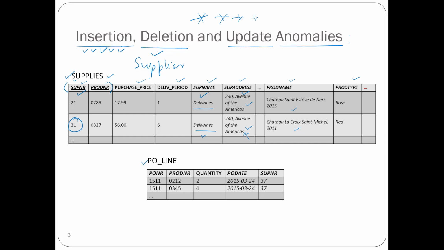Whereas the product information that you have like product number, let me write product here. The product number is an attribute type of product entity. Similarly, you will have product name, product type, and then we should have put delivery period, purchase price in a different relation. So this looks problematic.